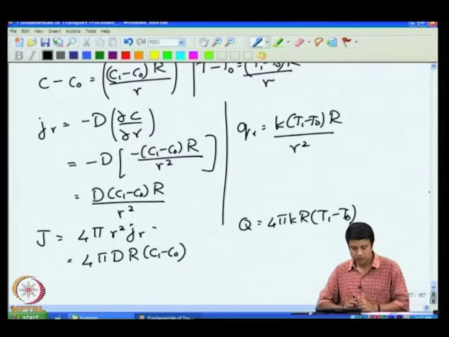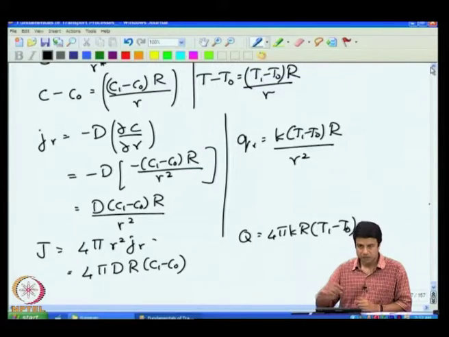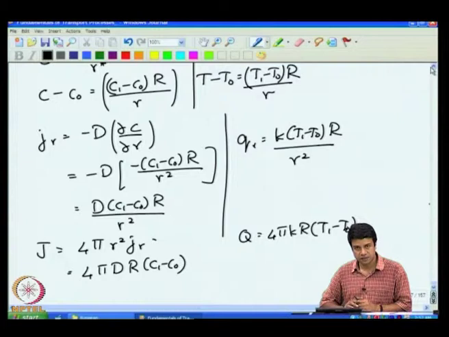Now, if I wanted to express the temperature field or the concentration field, I had previously expressed concentration and temperature in terms of the temperature difference or the concentration difference between the surface and far away. I could also express it as a function of the total amount of mass coming out or the total amount of heat coming out.